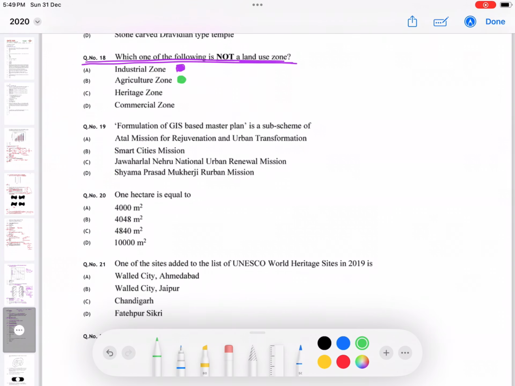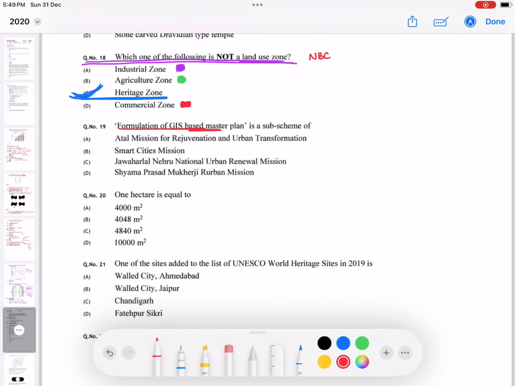And commercial zone is shown by red color. It is according to NBC. So there is no heritage zone. So this is the answer for this one. Heritage zone.